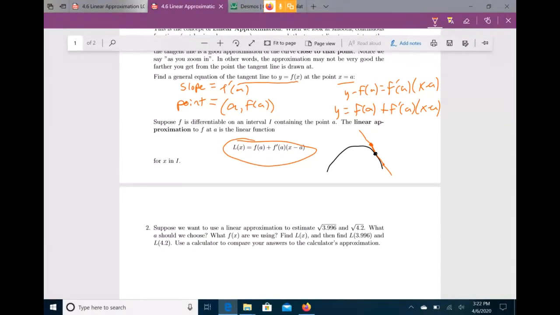If I want to estimate the square root of 4.2, what function do you think I might use? Right, I'll just use the square root function. I'll compute the tangent line to the square root function at a point that I'm familiar with. For example, the square root of 4 is 2. That's an integer. So I can use 4 as my base point and the square root function. All right, so the function we use will be the square root function.